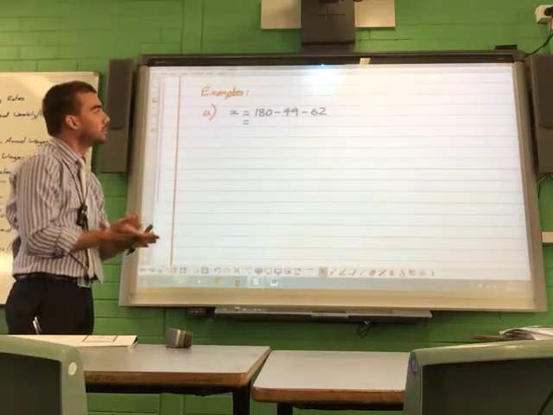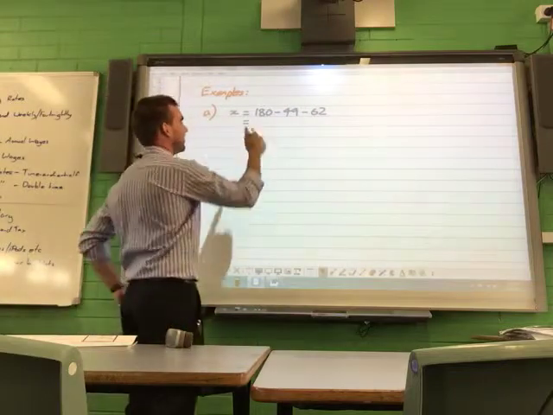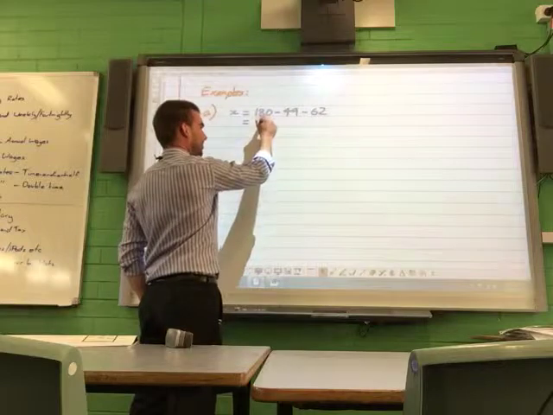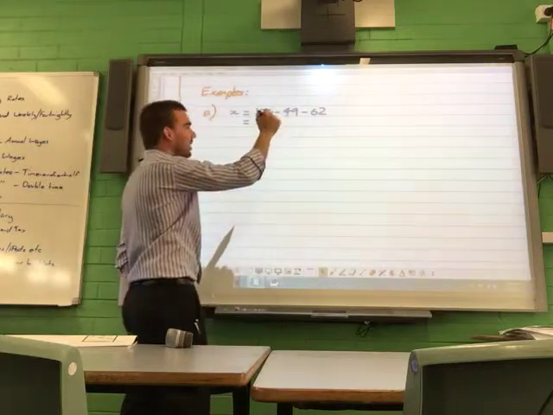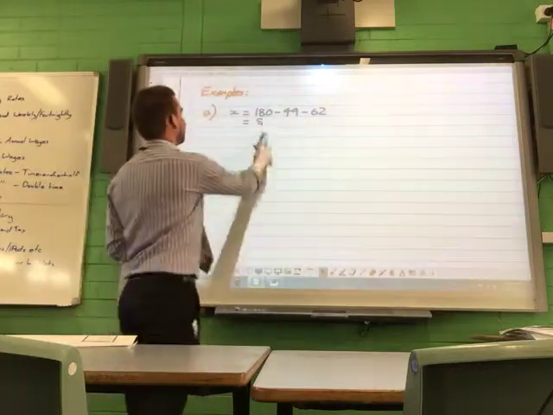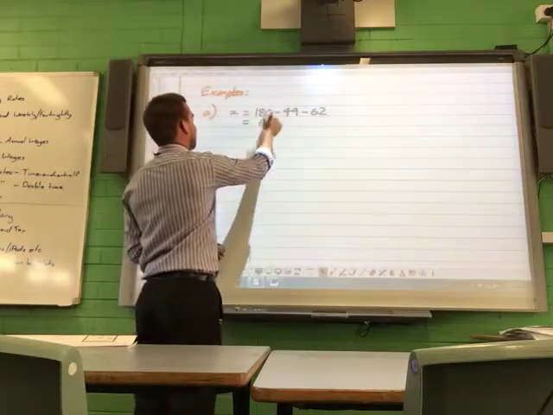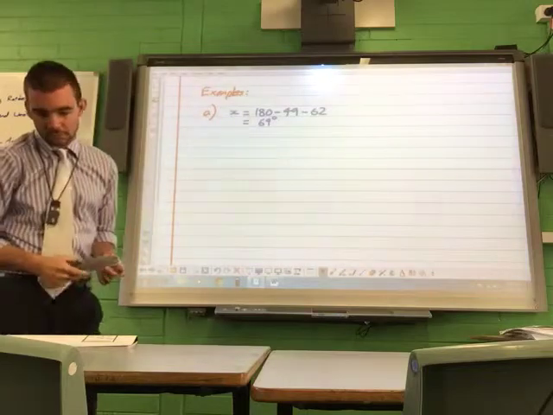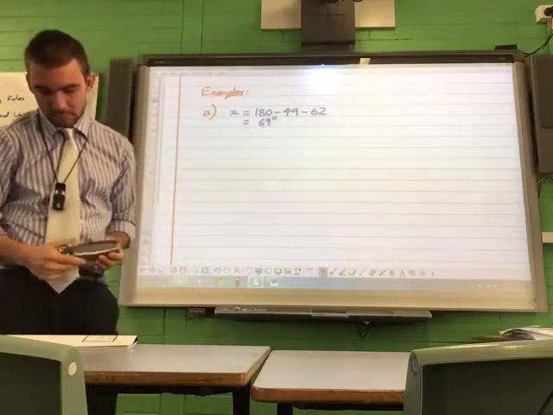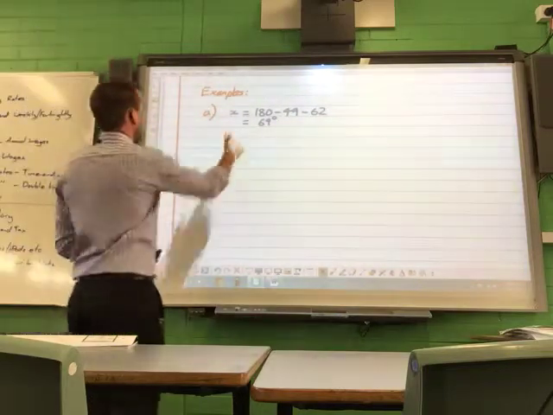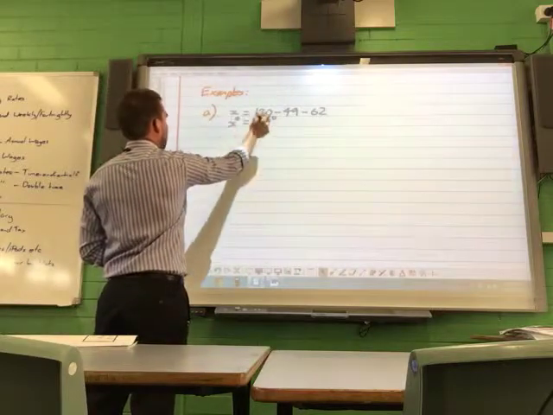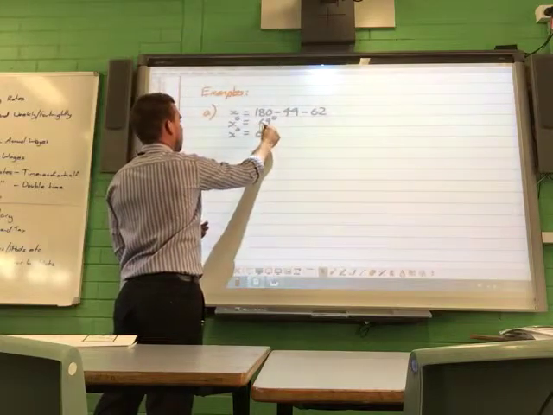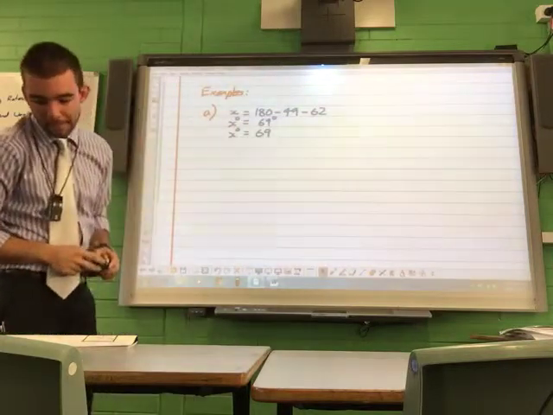180 take away 111. What's that? 69. That's x degrees, so in the diagram notation, the x degrees means I don't need to write the degree with the number there.